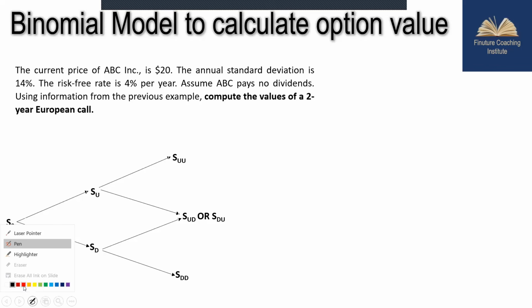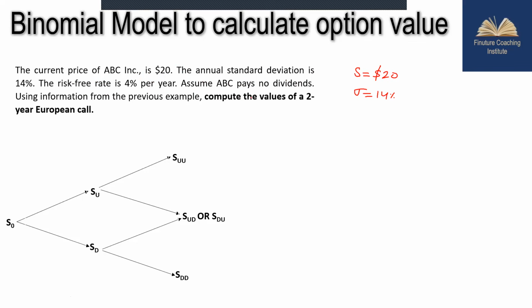Let me go back to red to highlight some key information. So the current price of ABC is $20. Let me write it over here. So spot price is $20. The annual standard deviation of the stock returns is 14%.